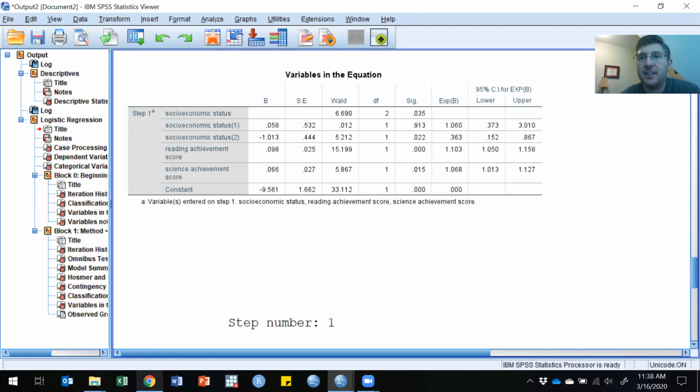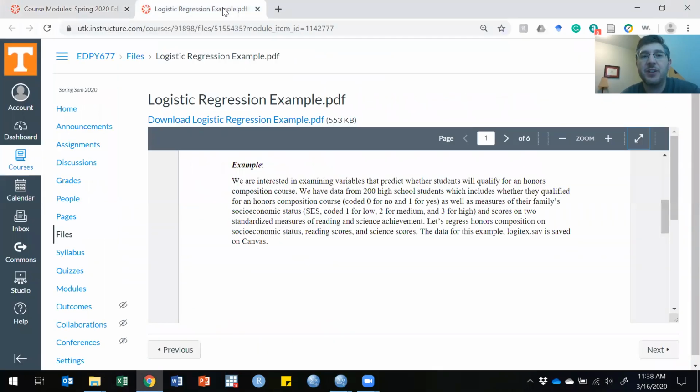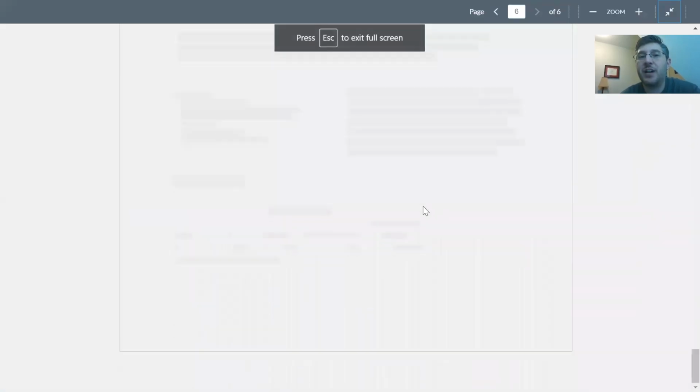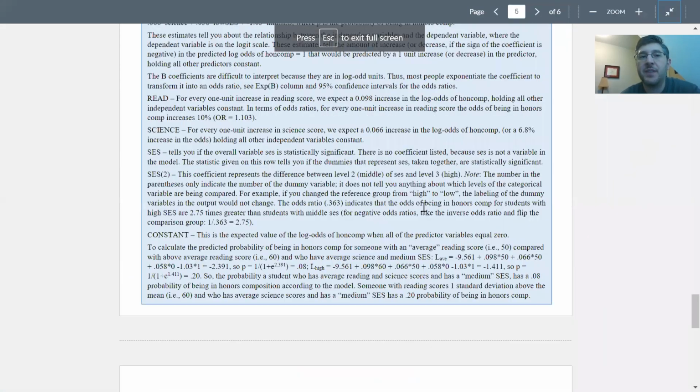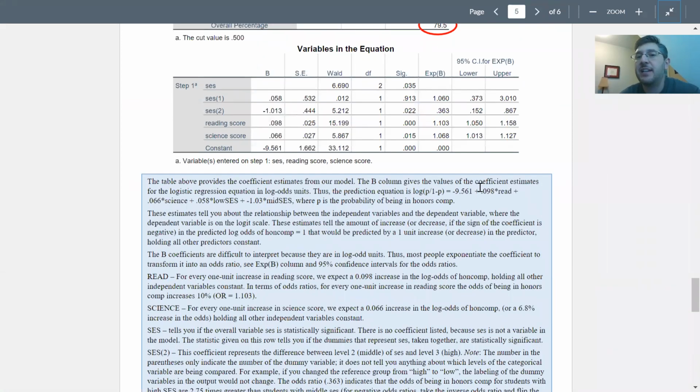So if you look at the notes on Canvas, or rather the example here, you can use this table to write out the regression equation, and so that's what I've done here.